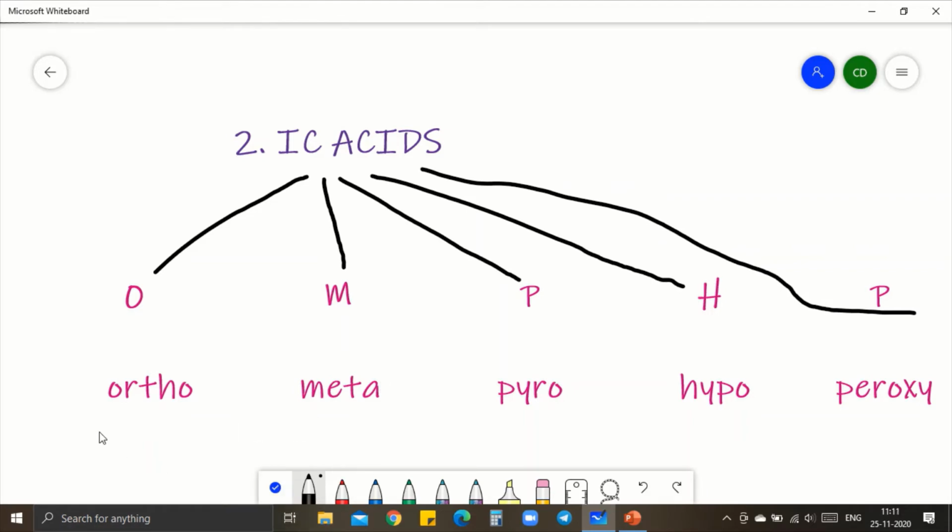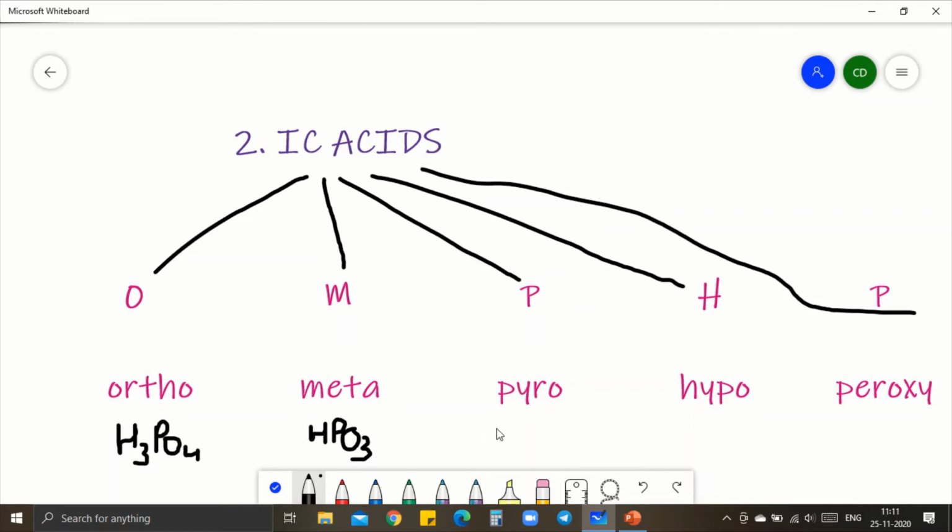And the formulas here are, for ortho, for -ic acids it's H3PO4. The same process as you observed there. For meta, remove one H2O, then HPO3. This is meta.